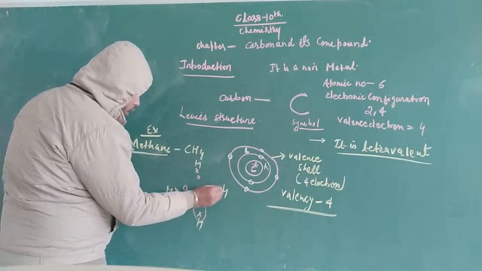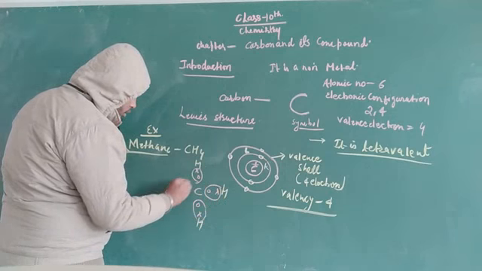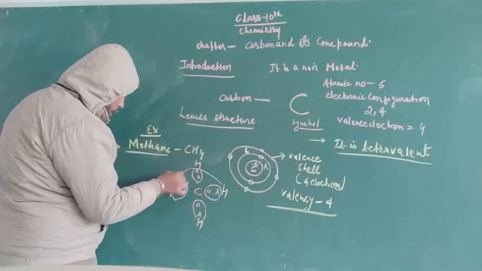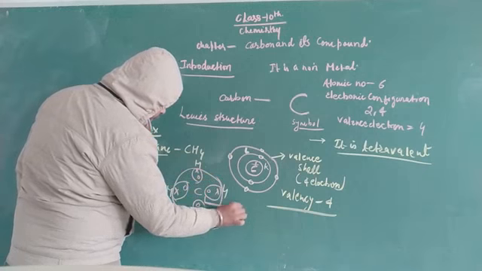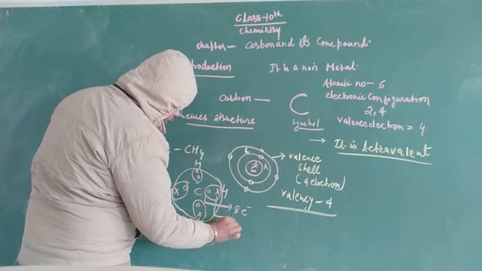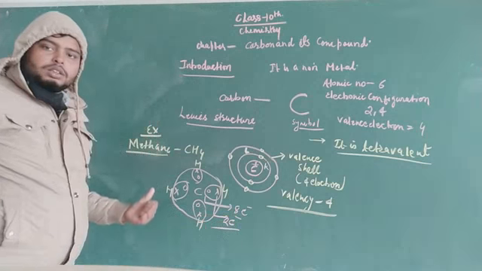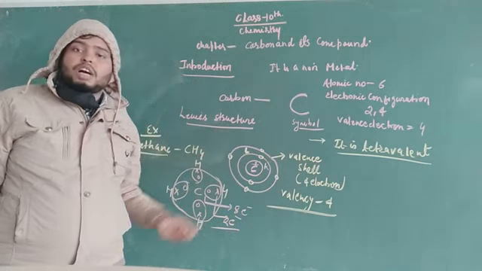This is the arrangement. And this completes the octet of carbon. Carbon has 8 electrons and hydrogen has 2 electrons, and both are stable. So these are the properties of carbon.